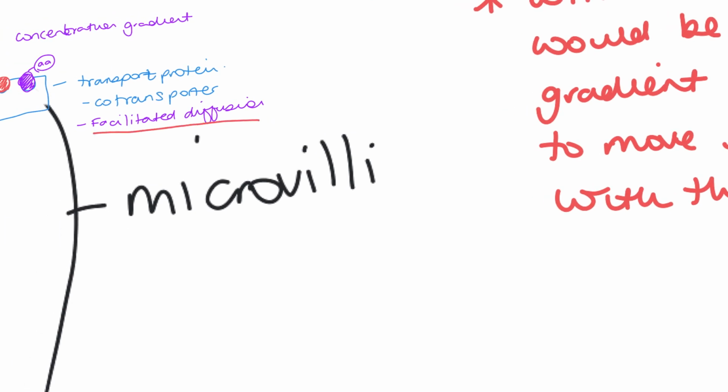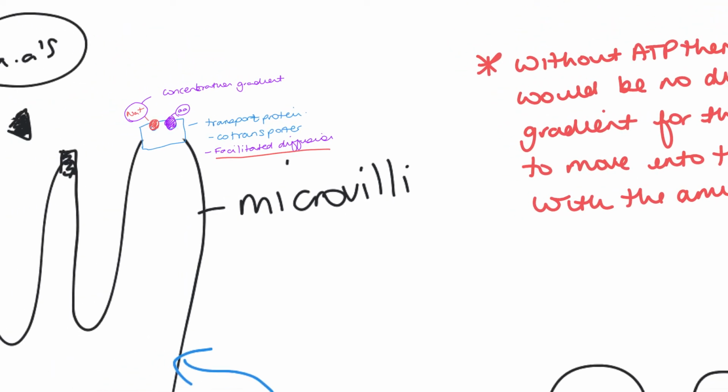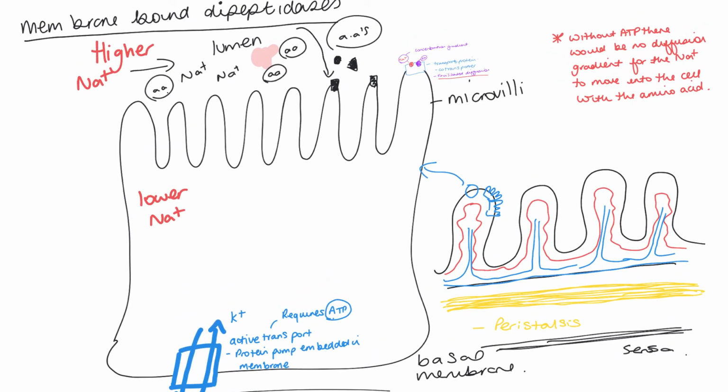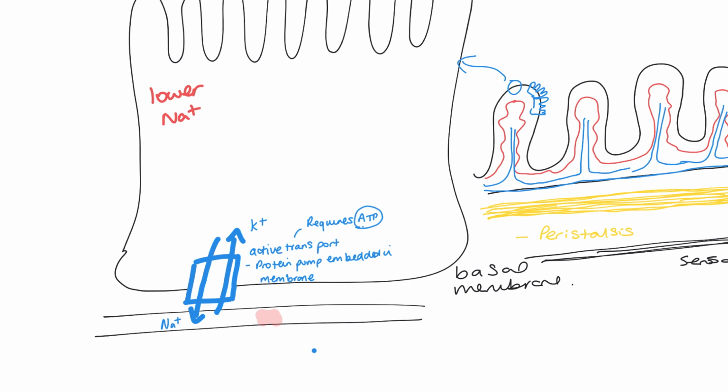And as they move down their concentration gradient via facilitated diffusion, they bring the amino acids with them. This concentration gradient is maintained by the sodium-potassium pump, the active transport of sodium ions out of the epithelial cell and into the bloodstream, where they are then taken away.